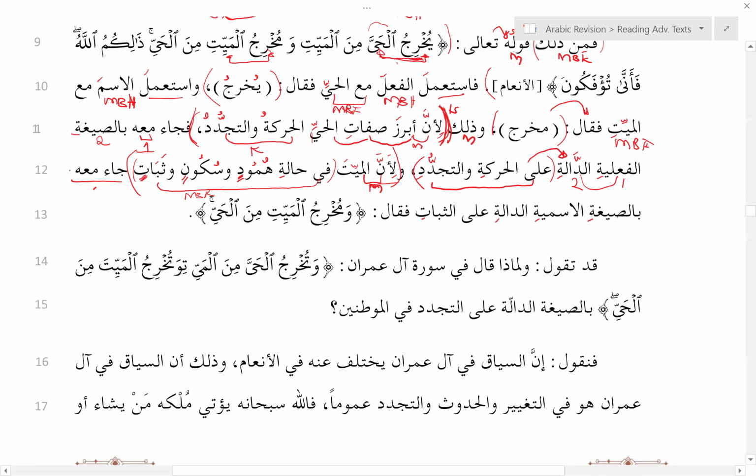That's why I was explaining: because it came after, you needed a pronoun. But if it came before, you would just say جاء بالصيغة الاسمية الدالة على الثبات لأن الميت في حالة همود. But because he made the sentence like this, you have a pronoun.